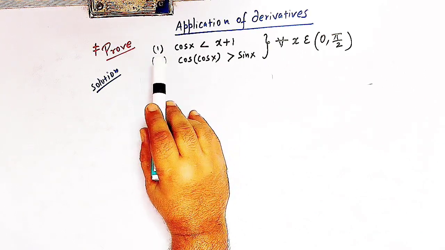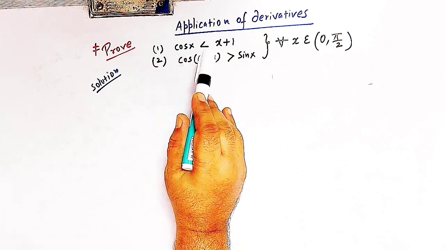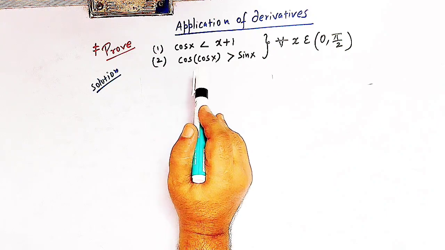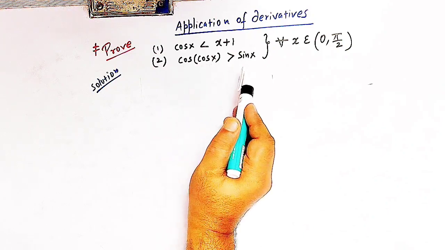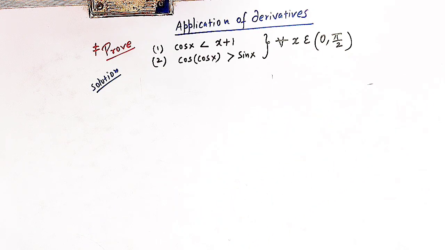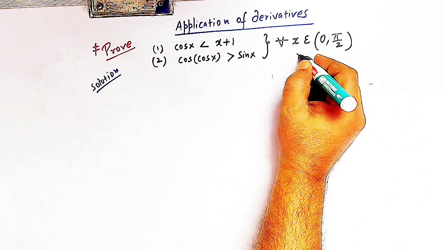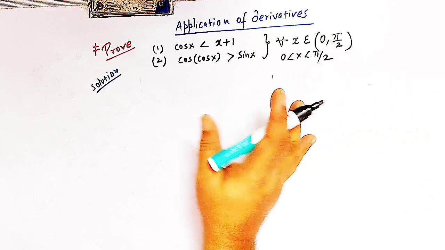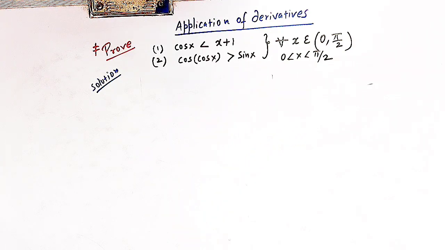In the first problem we have cos x is less than x plus 1, and in the second problem we have cosine of cos x is greater than sin x for all values of x belonging to the open interval 0 to pi by 2. So here x varies from 0 to pi by 2. So we'll see how we can prove these inequalities easily with the help of the concept of increasing and decreasing functions. So let us start.